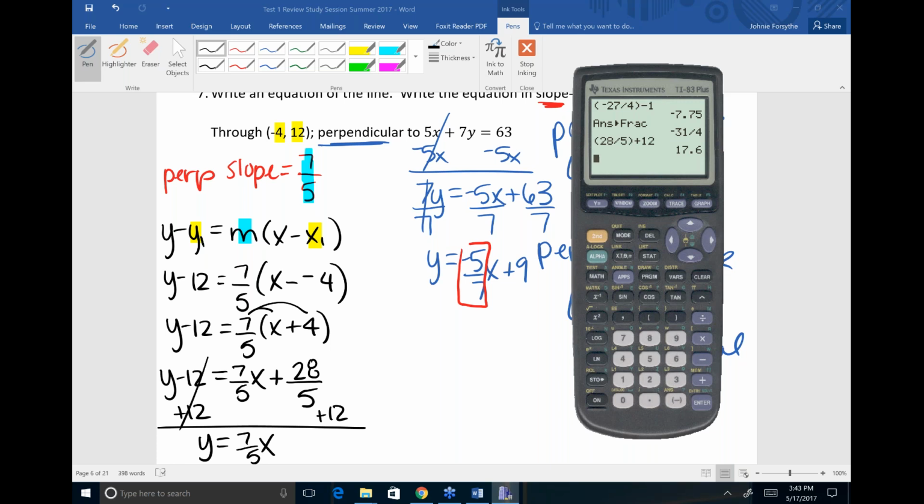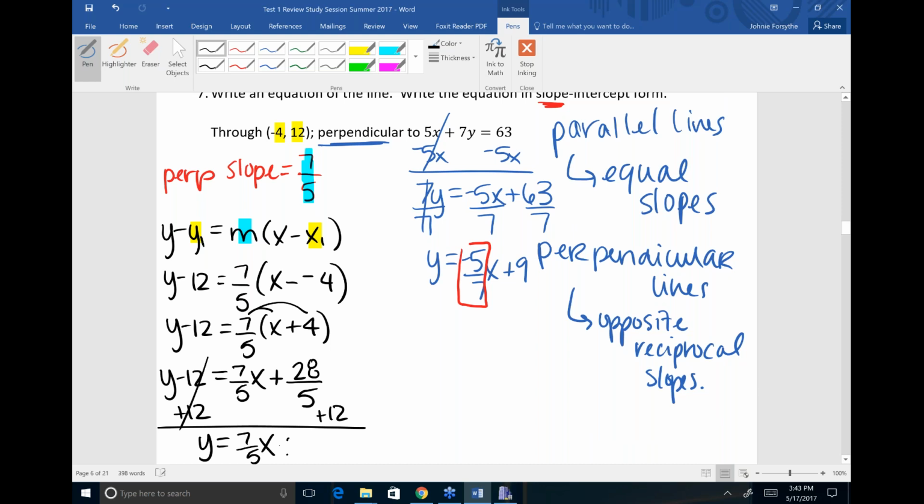I don't want a decimal, so I'm going to press math, change it to a fraction, press enter, 88/5. So that's going to be 88/5. That's going to be my equation. Y equals 7/5x plus 88/5.